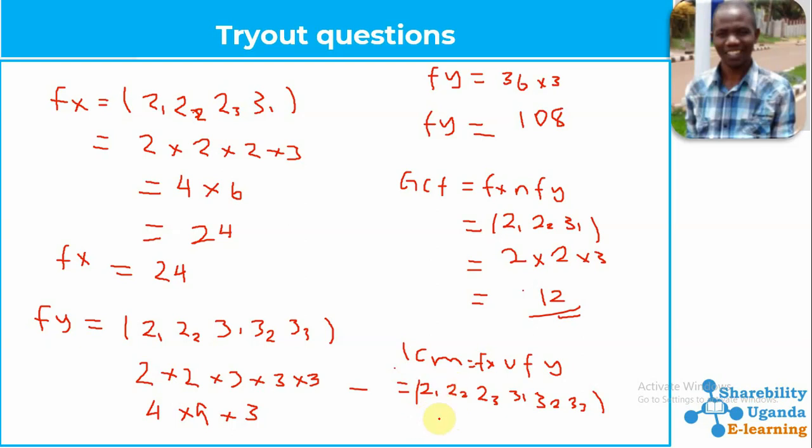So when we put it into a multiplication form, we shall get 2 times 2 times 2, then also multiplied by 3, also by 3. So we should also be able to come up with an answer here.